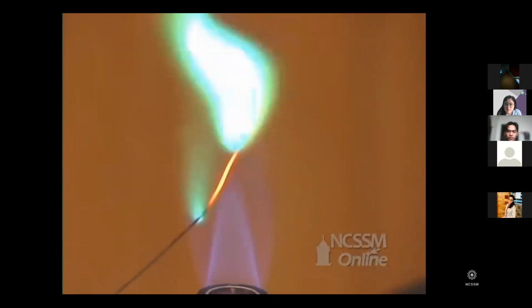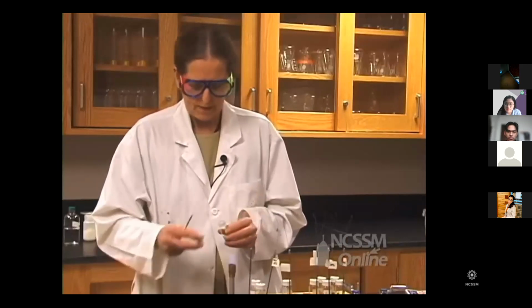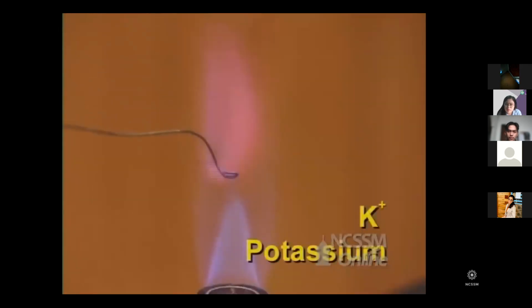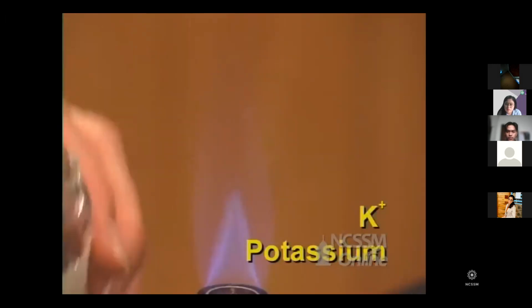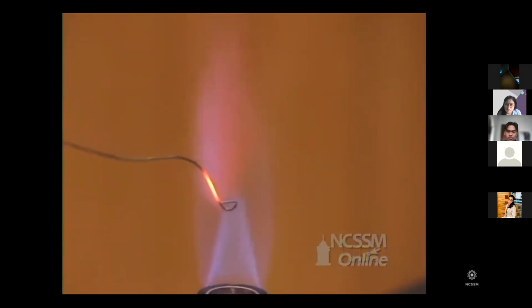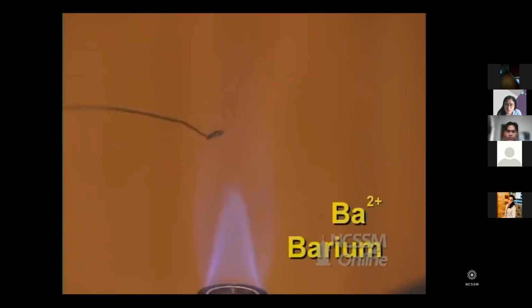That excitation, characteristic color, is like a fingerprint for an element. So we're going to look at a number, and then we're going to ask you to identify some unknowns. Potassium, it should be a lavender. This is barium, it's a green.